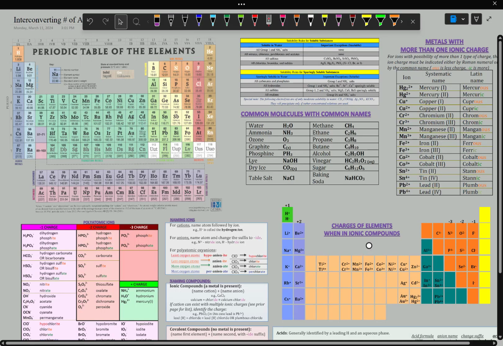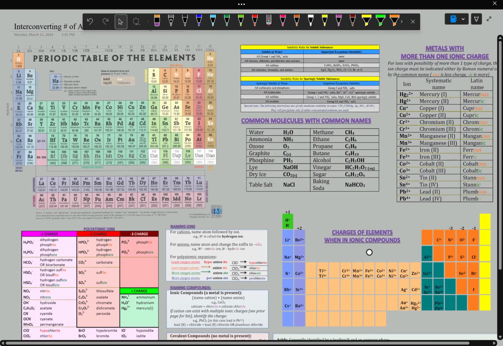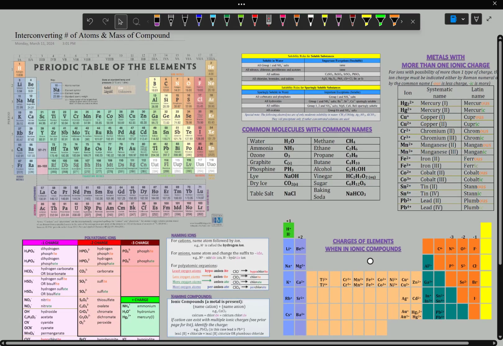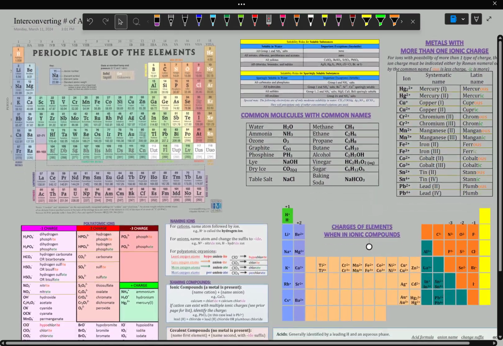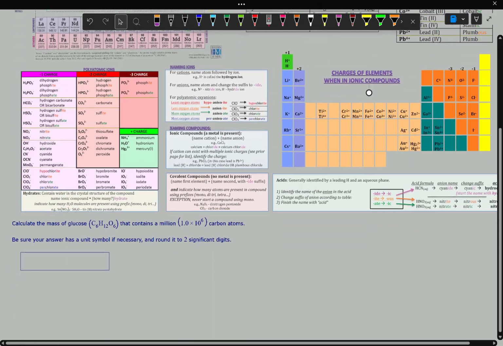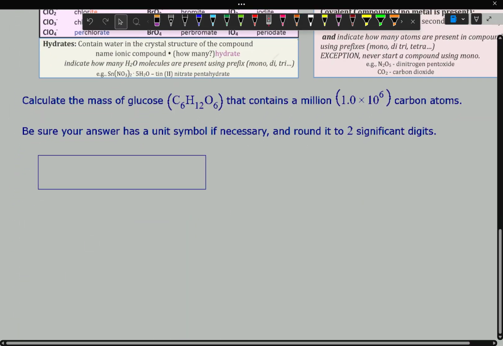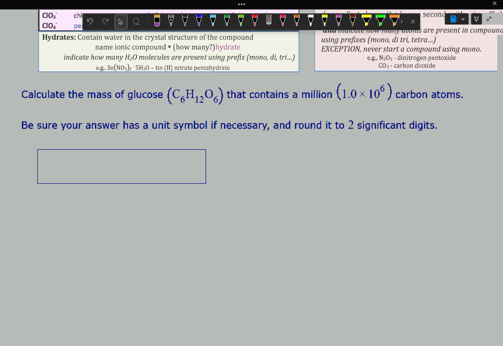Hello everyone. So in this video, we're going to be looking at an ALEKS problem about interconverting number of atoms and the mass of a compound. So this is really good practice for your dimensional analysis and getting used to the more mathematical aspect of your introductory chemistry.